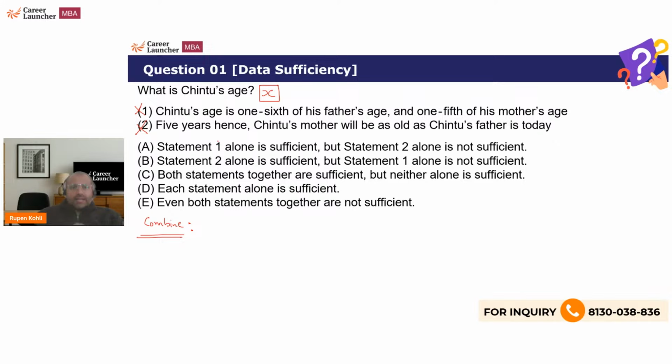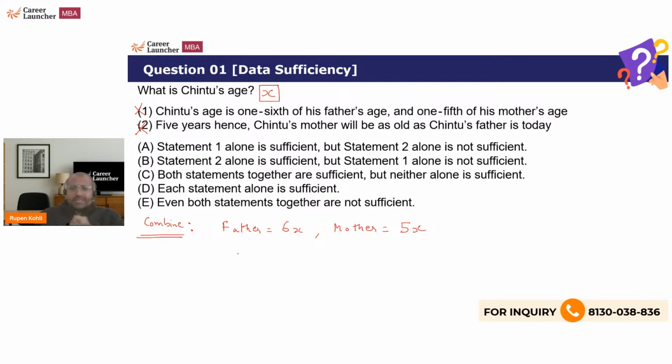So by combining with statement 1, we get that Chintu's age is 1/6 of father's age, meaning father is 6 times Chintu's age. So father's age is 6x. Likewise, Chintu's age is 1/5 of mother's age, or the other way around, mother's age is 5 times, so mother is 5x. And then from statement 2, 5 years hence, Chintu's mother will be as old as Chintu's father is today.